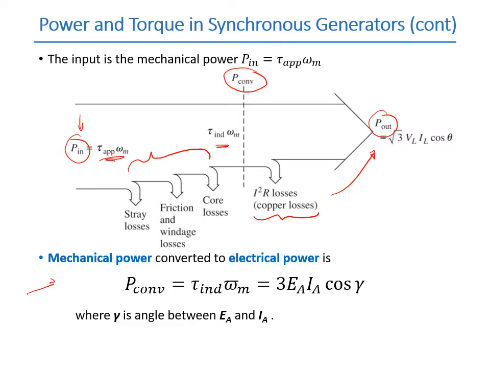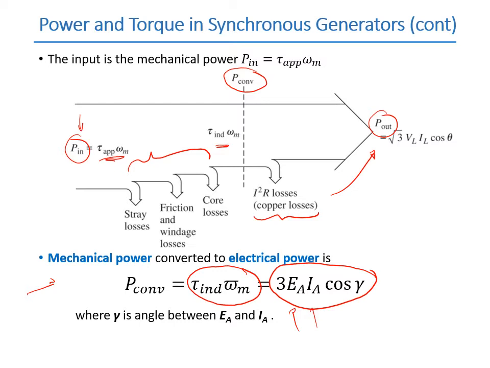If you look at the second bullet point here, the converted power is equal to the induced torque times omega m, which is the mechanical power, and is also equal to this expression here, 3 EA times IA cos gamma, gamma being the angle between EA and IA.